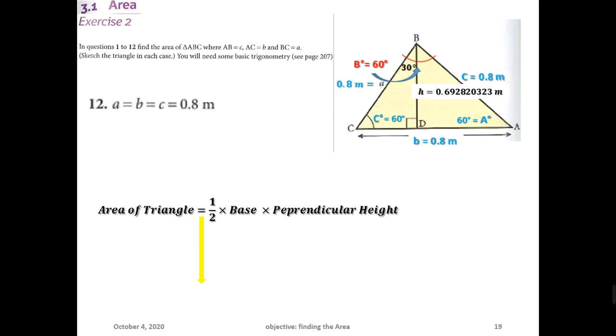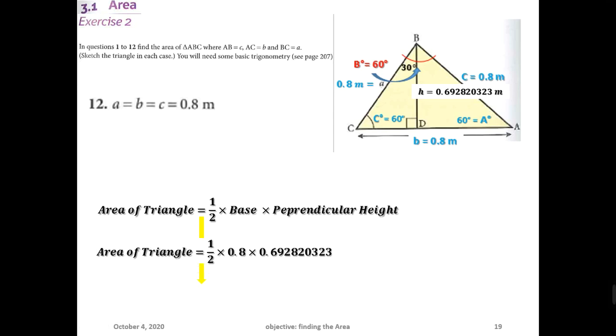And then we can substitute in this formula. So the base is 0.8, so the base is going to be replaced by 0.8, and the perpendicular height is 0.693, so it's going to be replaced by 0.693. And if you substitute in the formula, you're going to end up with this step here, which is ready to be inserted in the calculator.